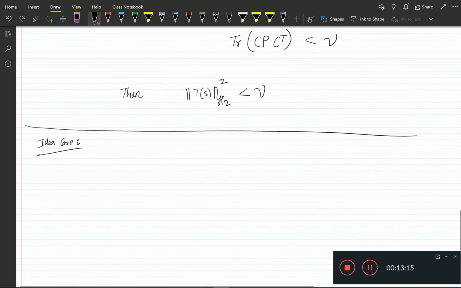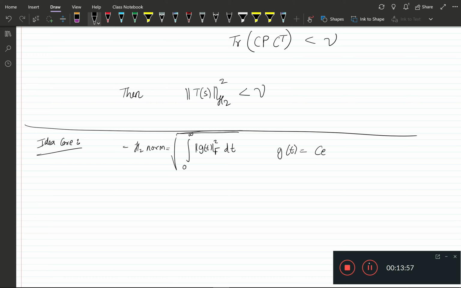We know that the H2 norm has an interpretation in the sense of the impulse response, and the impulse response can be written as this.